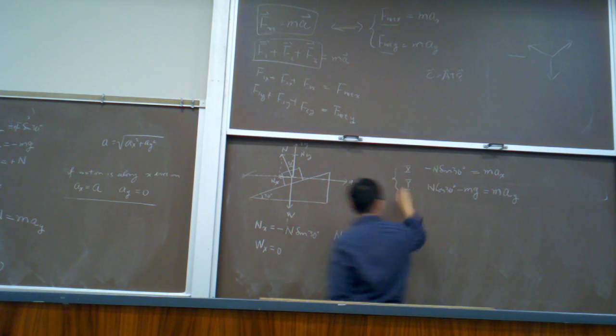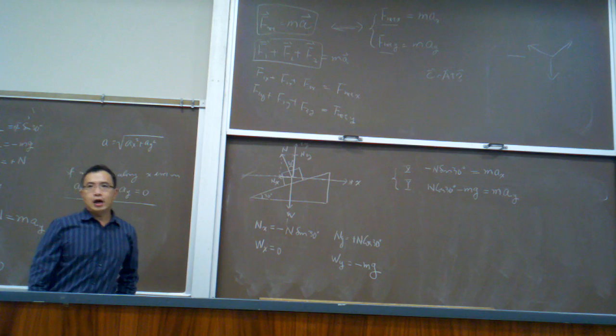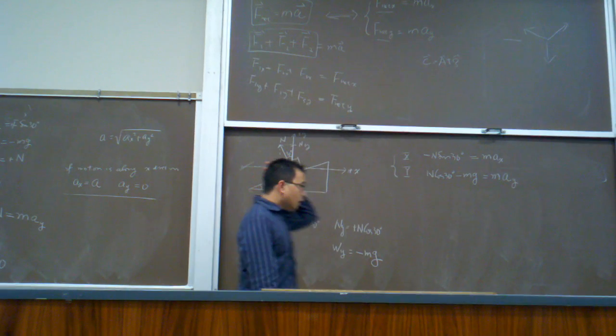So you got two equations. If you have numbers for the two equations, you should be able to solve for the unknowns.